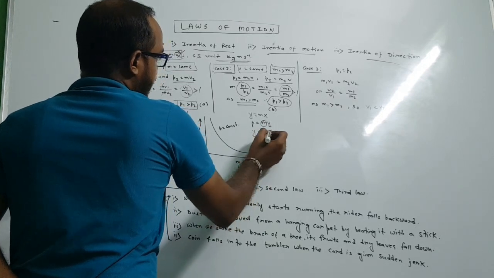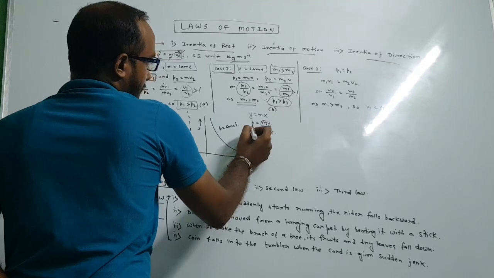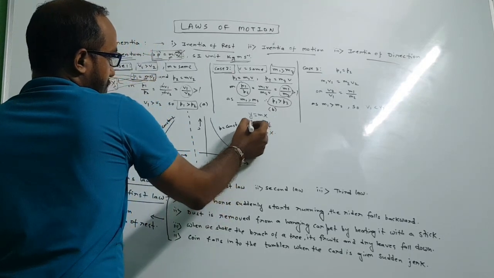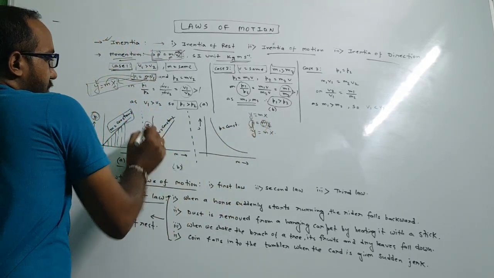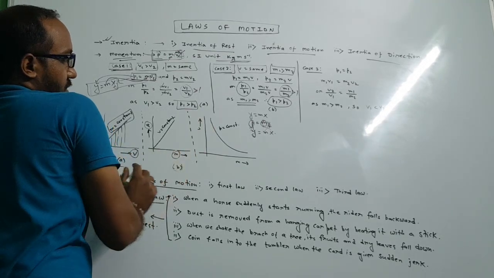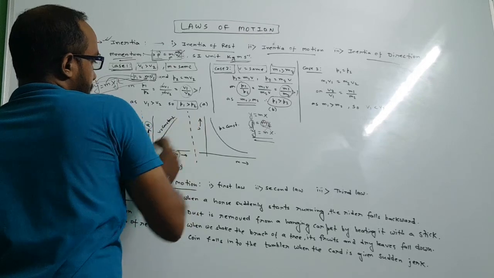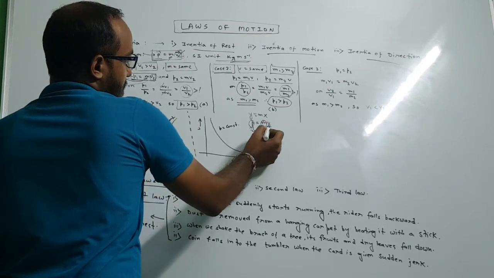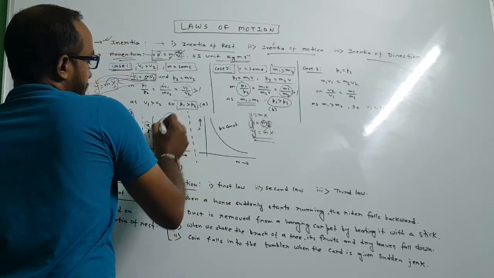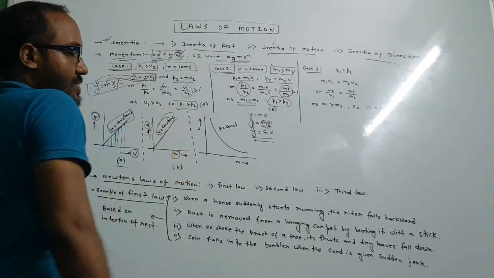Here x is your m, slope is your velocity, and on the y-axis we will draw momentum. So it is the momentum versus mass curve. In case 2 it is the momentum versus mass curve, and you can see it is also a y equals mx curve, and your slope is v. Slope is v, which is constant. From the graph you can see velocity is constant.